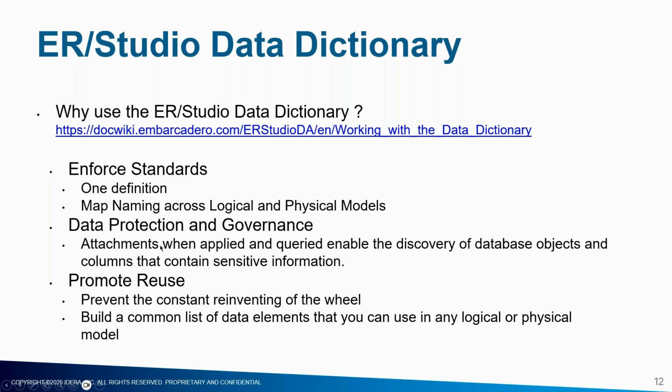More specifically, give me a list of all the columns in all of my tables where I've added an attachment tag which says this is PII information, or I've added an attachment tag which says this is internal use only. So we can add that kind of level of detail into the data models really easily with the data dictionaries.